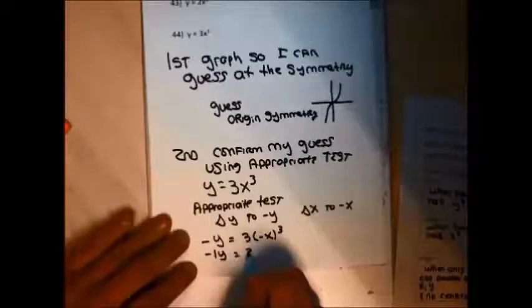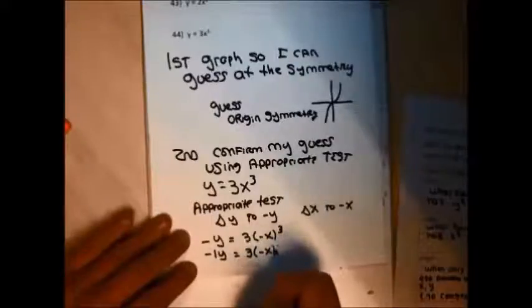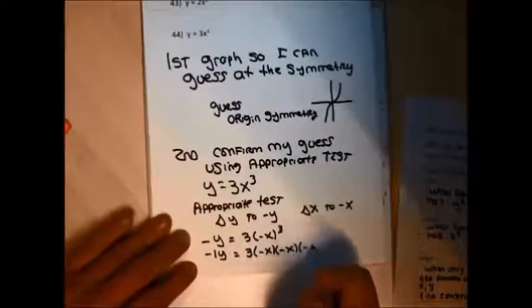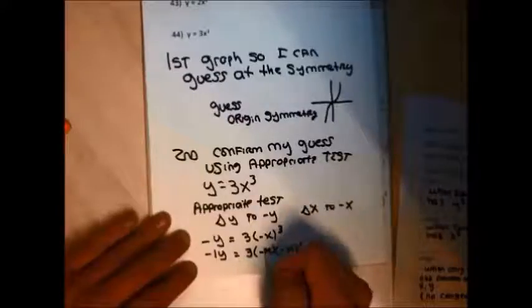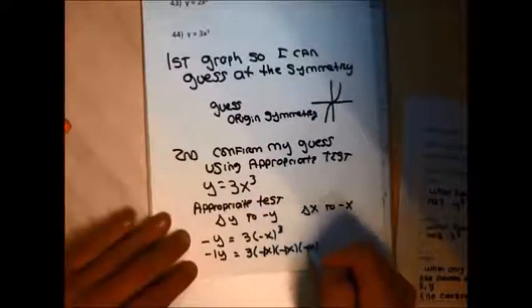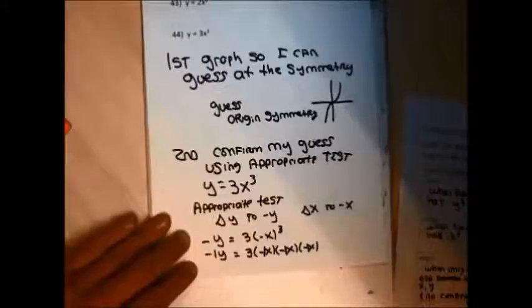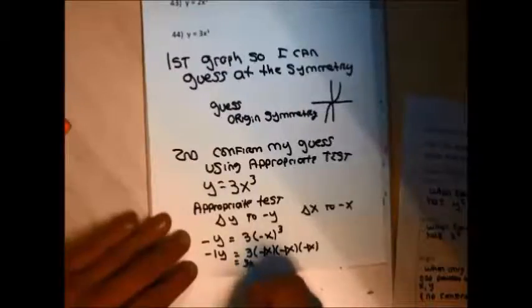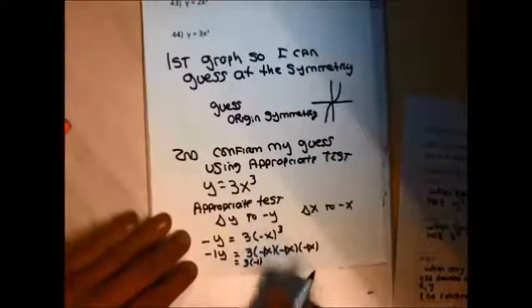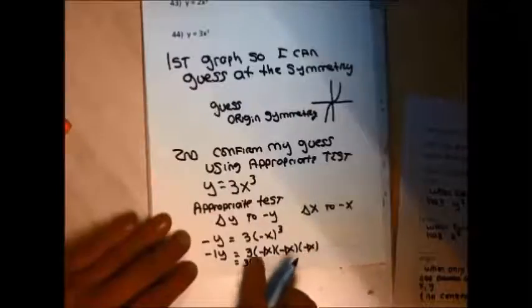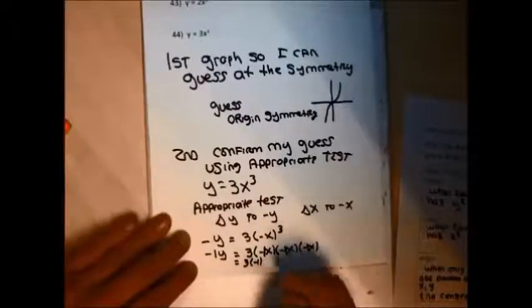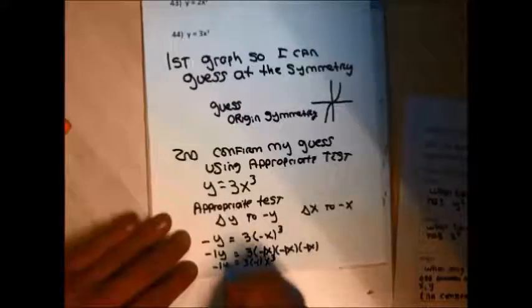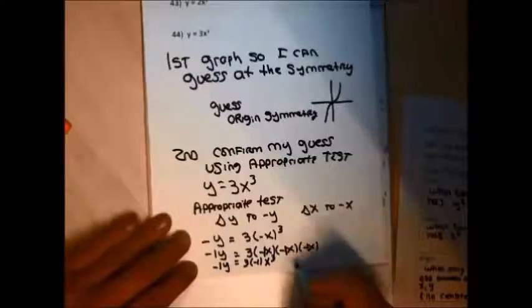And on the right side, I'm going to write negative x times negative x times negative x. And better yet, negative 1x times negative 1x times negative 1x for the x cubed. When I multiply the negative 1's together, I get a negative 1. So I'm going to get 3 times negative 1 for the cubing this, or negative 3, and x times x is x cubed.